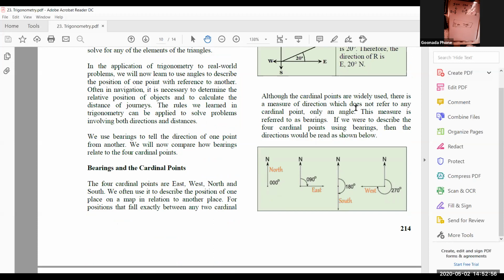If we were to describe the 4 cardinal points using bearings, then the directions will be read as shown below. North is read as 000 degrees. East is 090 degrees. South, 180. West, 270.